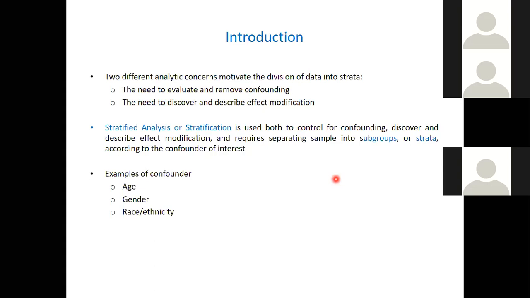Stratified analysis, or stratification, is used both to control for confounding and to discover and describe effect modification, and it requires separating the sample into subgroups or strata according to the confounder of interest or the variable that's causing the modification.